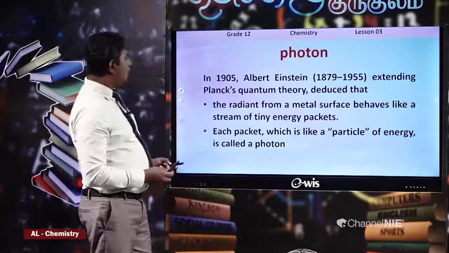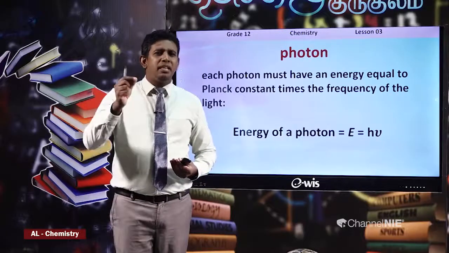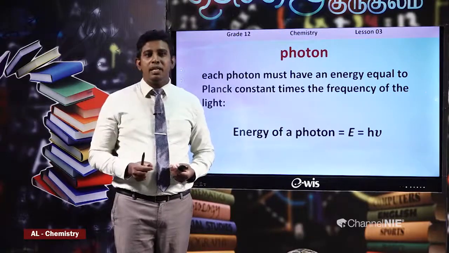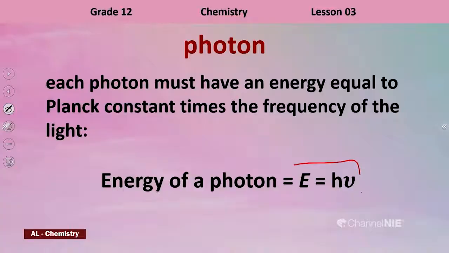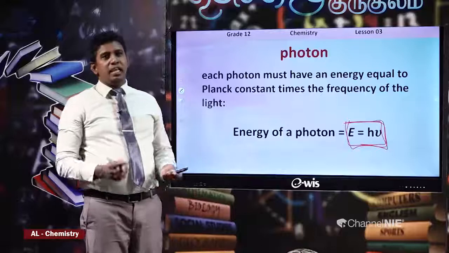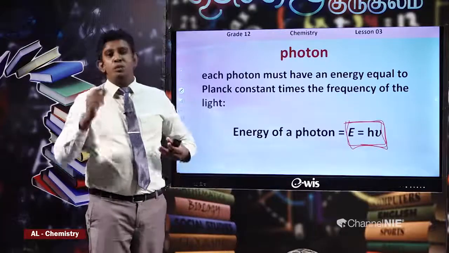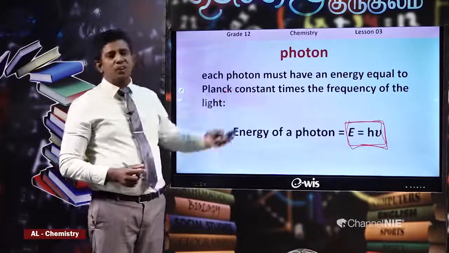Then he further said that the energy of a photon equals Planck constant times its frequency. It's the same equation revealed by Max Planck, but now with another advanced meaning. He gave the same idea, but saying now energy has its own smallest particle, the energy particle. It's a photon.